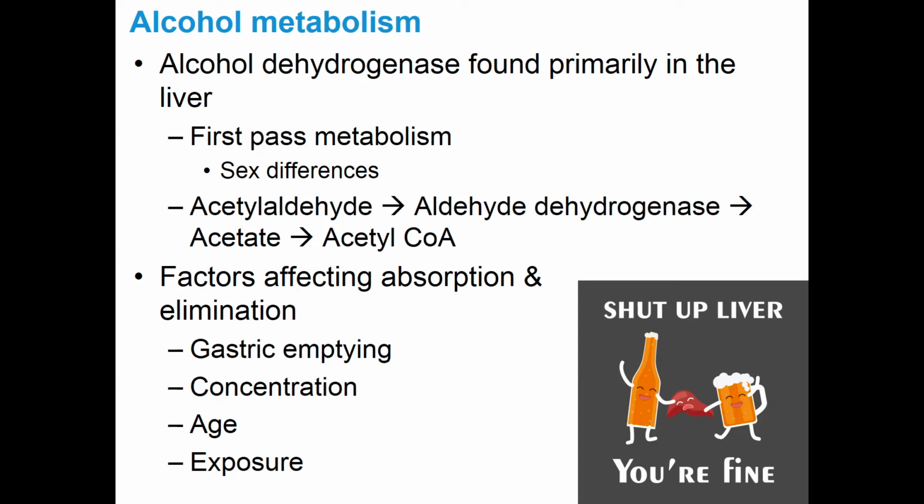One of the things in terms of sex differences: I mentioned earlier, as far as first pass metabolism, that men are probably better at metabolizing the alcohol before it gets into the bloodstream. But another thing is, if you're familiar with the idea of moderate drinking, for men, drinking in moderation is no more than 2 drinks per day. For women, it's no more than 1. So why is it half for women what it is for men? Well, one of the reasons is women tend to be smaller, but two, women tend to get higher peak blood alcohol levels, in part because women, on average, tend to have higher body fat, right?